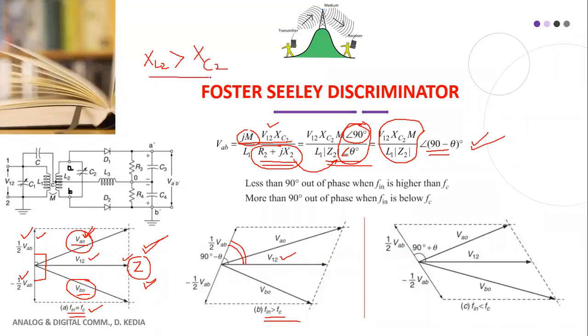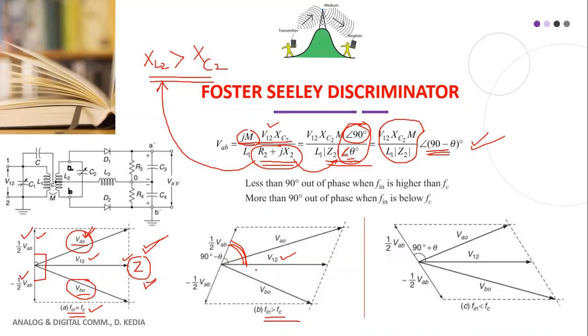XL2 greater than XC2 means a positive complex number, which means positive theta, and net angle is 90 minus theta. So the angle between V12 and VAB is less than 90.